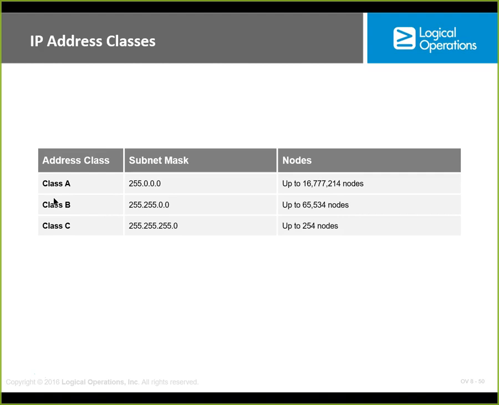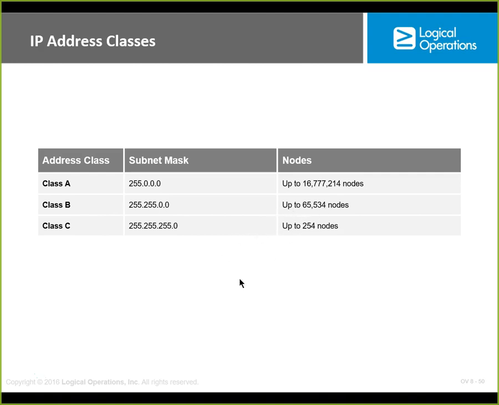Address classes again, and I got another slide down here basically saying the same thing. Class A, the subnet mask, 16,777,000 nodes per network. Class B, 65,534 nodes.